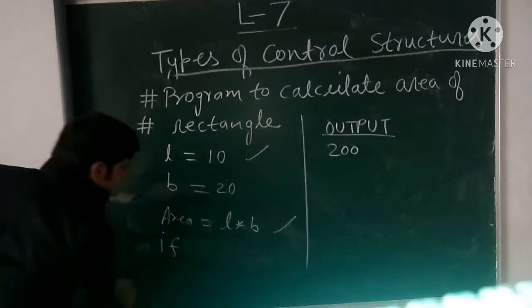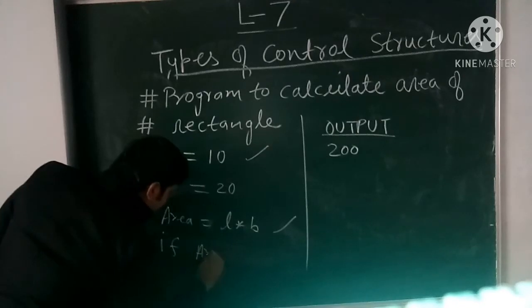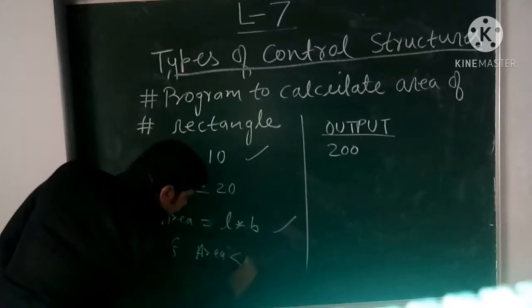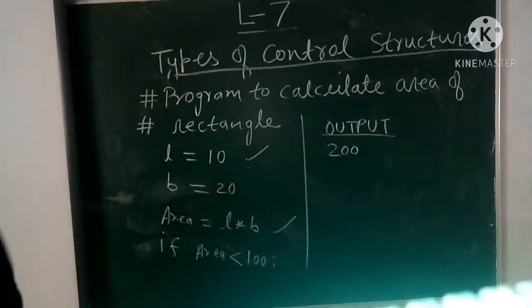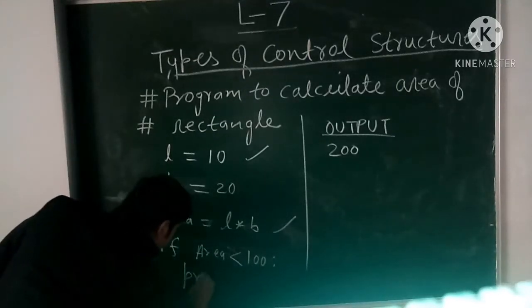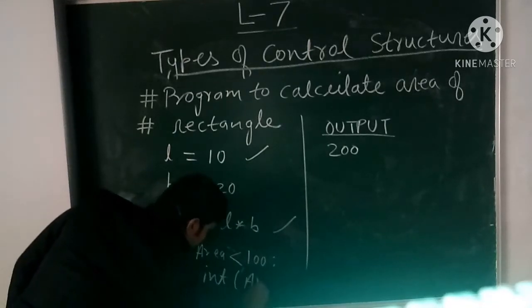Here we write: if area is less than 100. Then we write the print statement: print area.